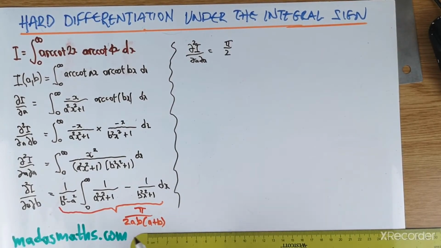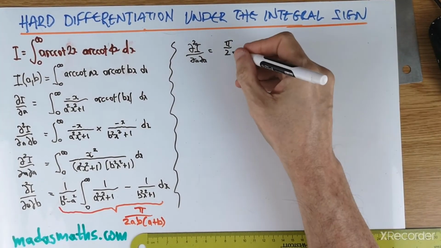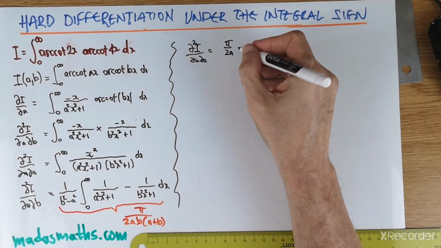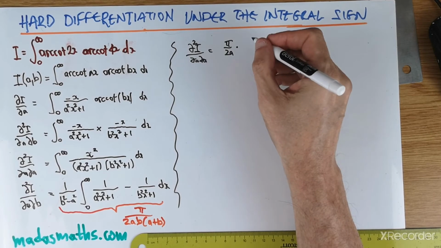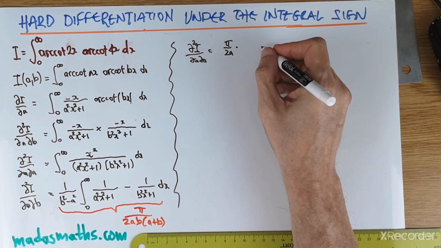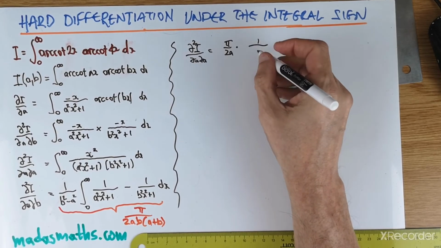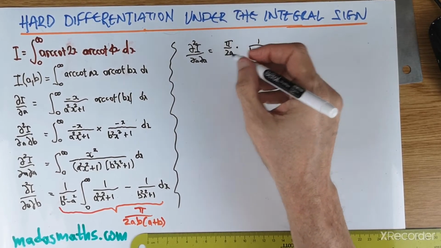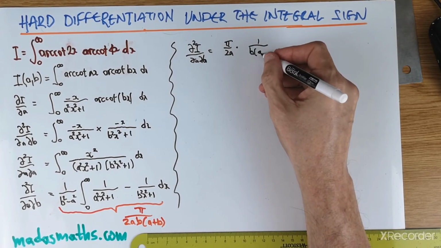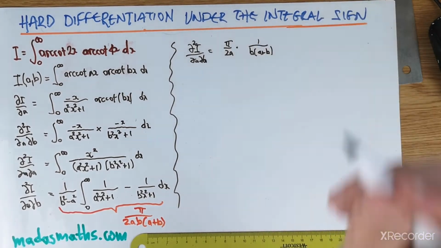So pi over 2. In this particular case, the a will be a constant, just looking at this, and times, what do we have there? We have 1 over, both a's, so you make mistakes, so it's just that.